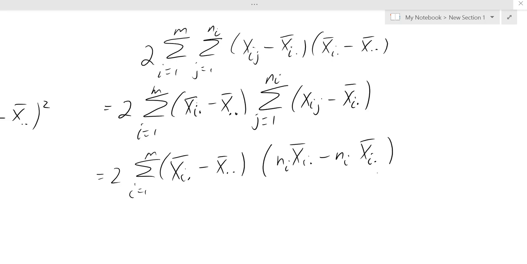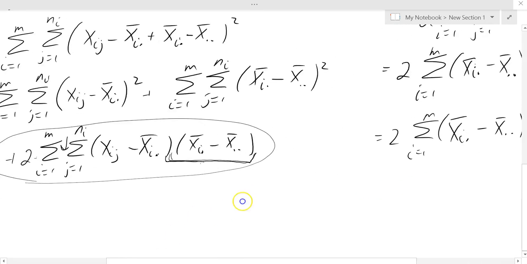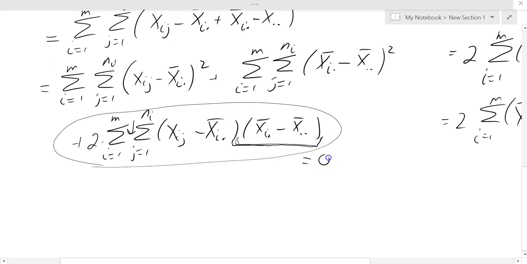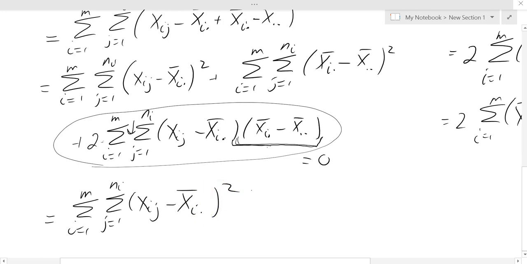So that circled thing that we had back over here is 0. That whole thing goes away. So all we get is this sum plus the other one.